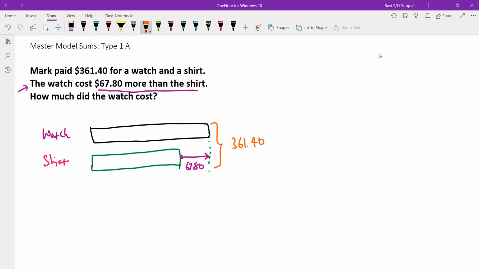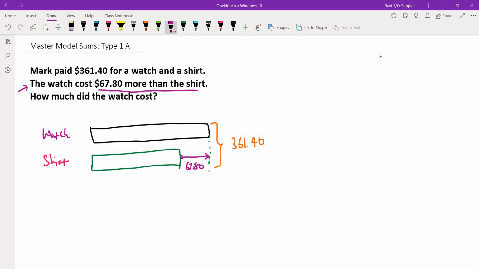So how do I approach this question? The first thing is we know that the watch costs more than the shirt, and so the watch is drawn as one full block or one full rectangle. Now the shirt costs less than the watch, so the shirt block is slightly smaller.